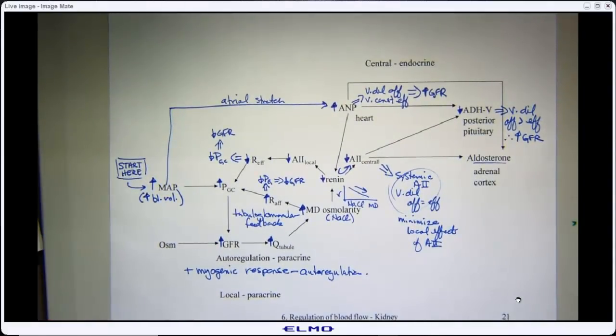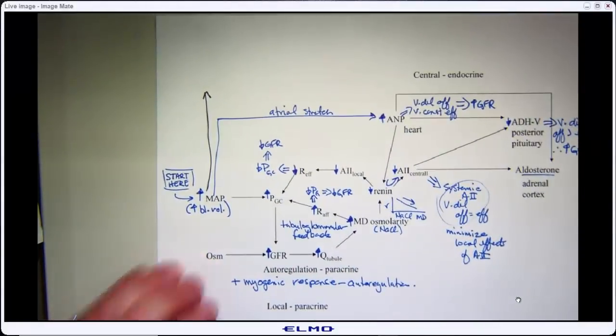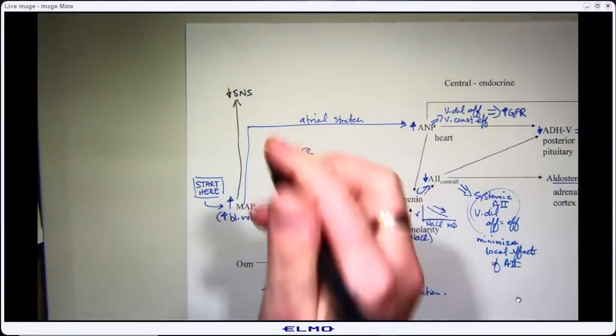Now, on top of all this, we can't forget that if I had an increase in mean arterial pressure, I would have sensors that would sense that, right? I would have sensors that would then result in a decrease in the sympathetic nervous system output, right?